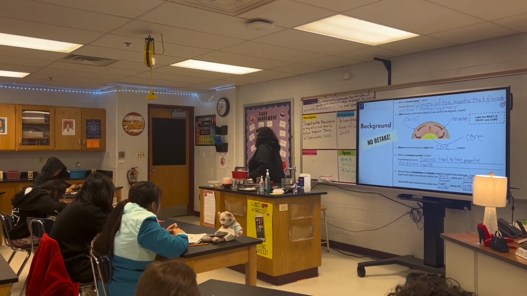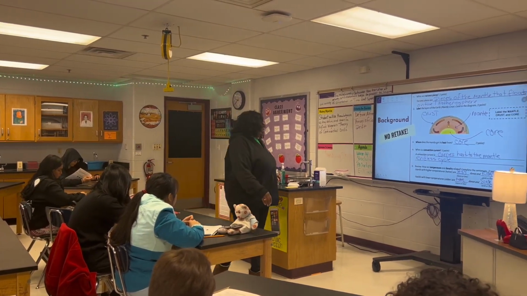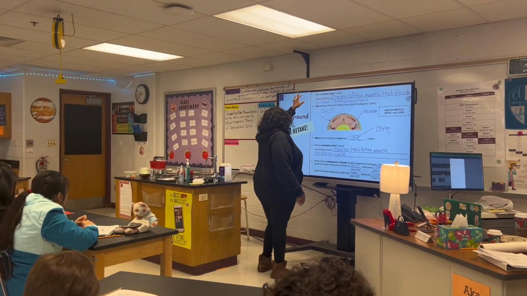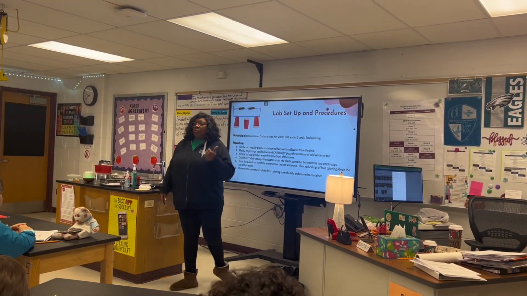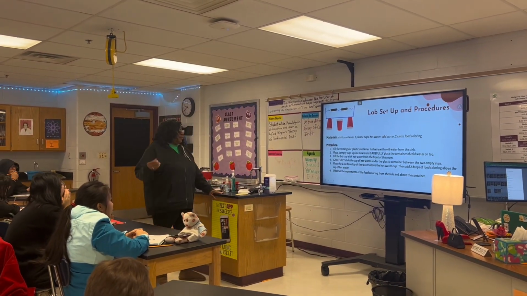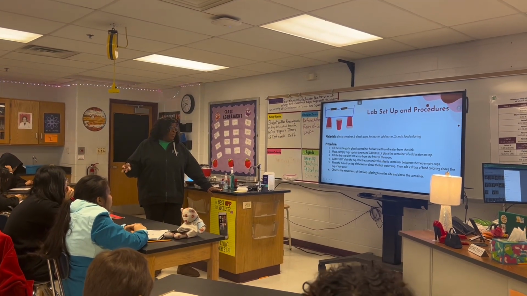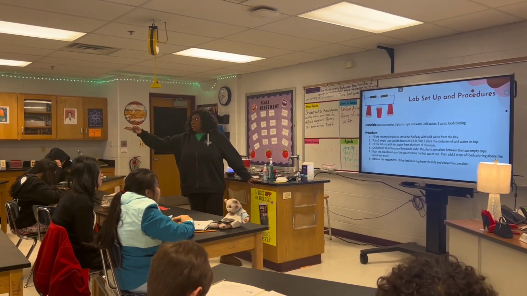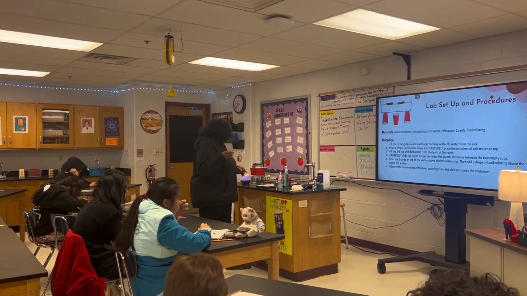So let me show you the next steps. Okay? Let me clear this. So, your responsibilities of the procedures is to make sure that you have a plastic container, you have 3 cups, one of them is going to have hot water, the other is cold water, which is inside of the container, food coloring, and two cards.